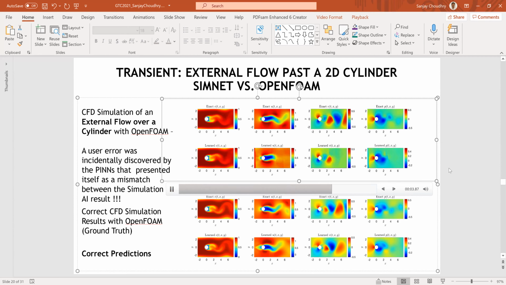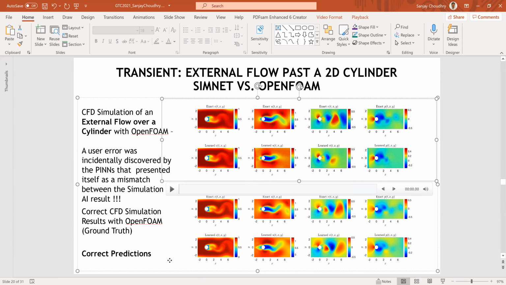And we thought originally maybe the problem was in the code or the way we modeled it. But it turned out that there was some user error. Actually, it wasn't even quite a user error. It was just a precision error, that one of the coefficients, basically a turbulent viscosity, was modeled as a non-zero quantity. And because of that, even though you don't see it in the finite volume result by OpenFOAM, you clearly end up seeing some garbage coming out in the neural network prediction.